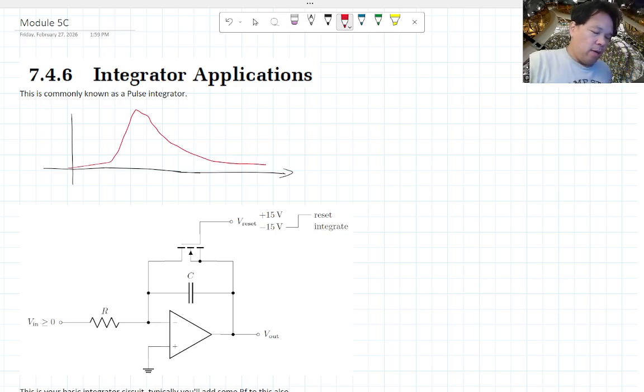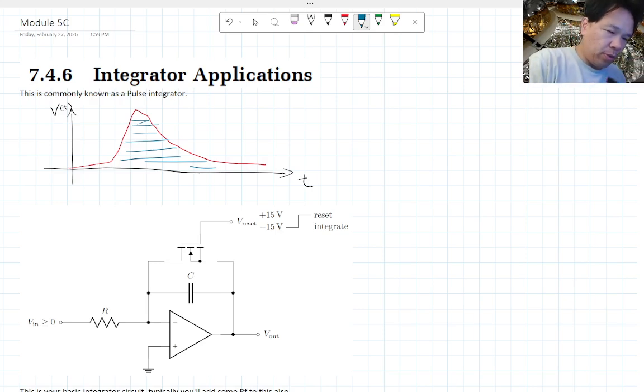Typically, with volts as a function of time, the thing you care about is actually the area under this graph. And you can see how an integrator will compute this pulse area for you.